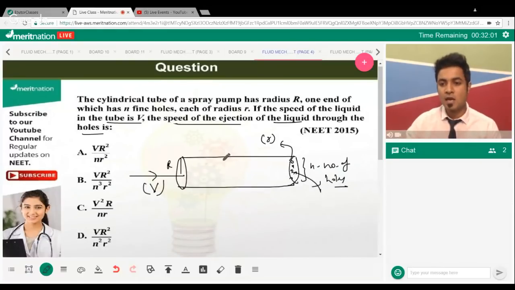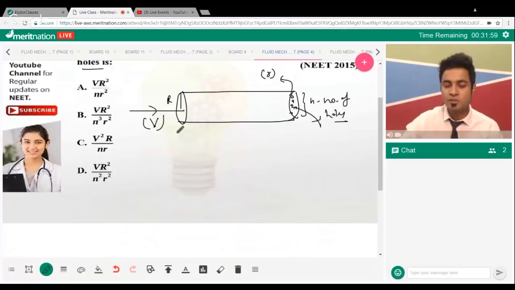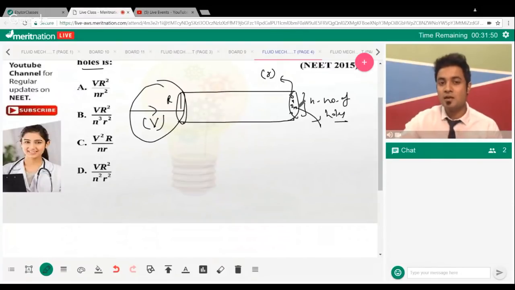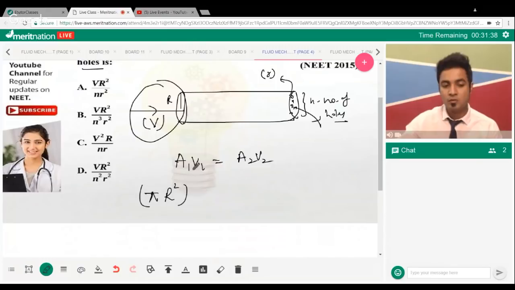So if we apply the equation of continuity, the amount of liquid entering at one end has to equal the amount of liquid coming out per second at the other end. So nothing but A1 V1 is equal to A2 V2, isn't it? What is the area at this side? Pi r square. V is already given. What is the area of this side?